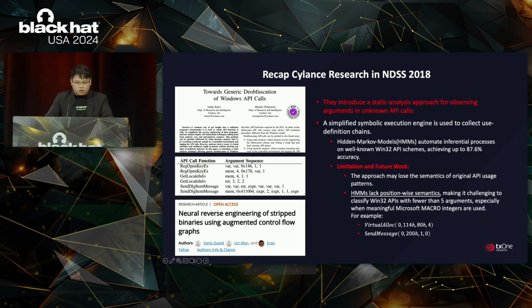Of course, we also reviewed past research, for instance, a 2018 study. In this research, they analyzed unknown API identification through static analysis methods, achieving quite high accuracy. However, the hidden Markov model they used lacks position-wise semantics. This limitation can create an issue when making associations between different unknown APIs.